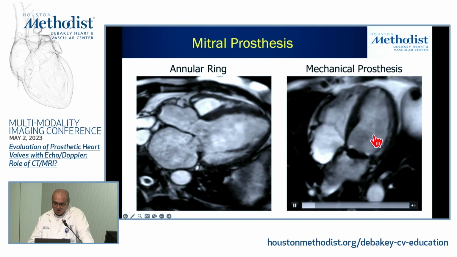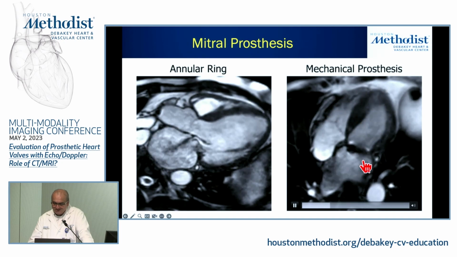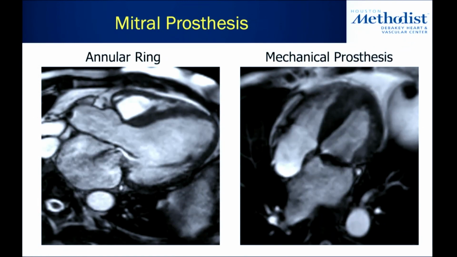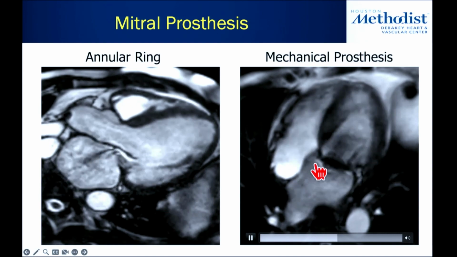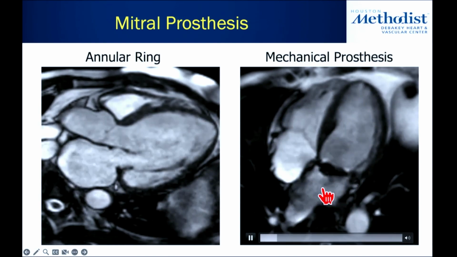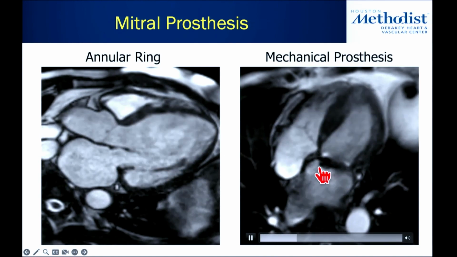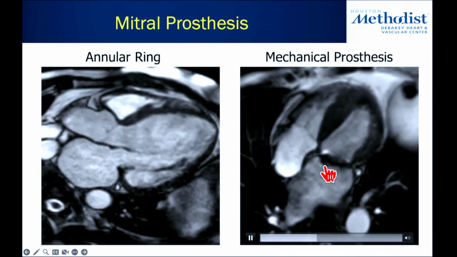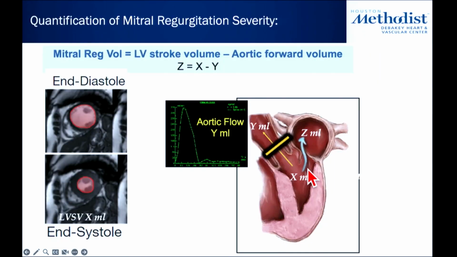This is a mechanical prosthesis, and again, you can see that the artifact from the mechanical prosthesis may make it difficult to determine what the leaflet opening is, but you can certainly look for jets that are originating around the valve itself, and you can follow the jet into the left atrium. Here's an example of a dehiscence or partial dehiscence of this mechanical prosthesis leading to a gap, and you can also see the flow itself.